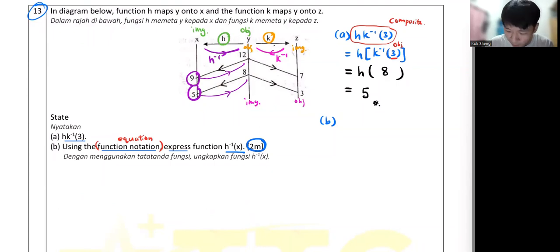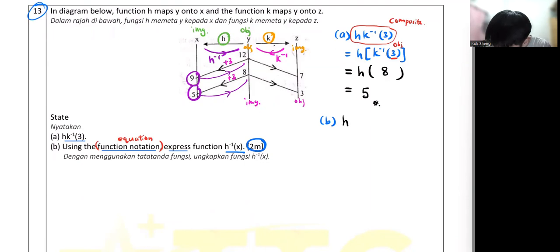So for this one, I don't think we need to go through anything very complicated. The object just plus 3, right, to get the image. So that's the way.